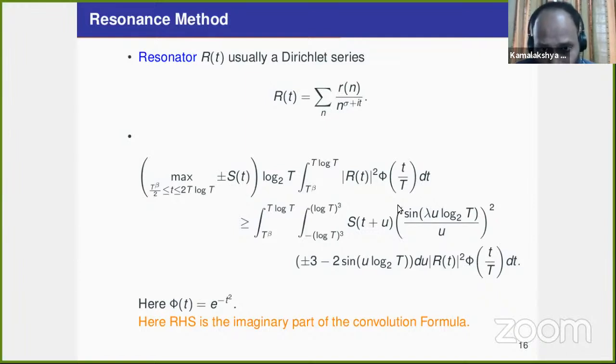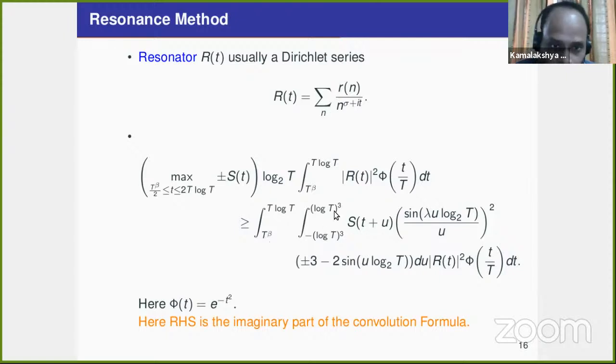Let's observe. We can take this S of t plus u out like this. We can just take that this is larger than this thing. So we have the maximum of plus minus S of t in this interval. Why? Because t varies in this interval, T power beta to T log T, and u varies from minus log T cube to log T cube.